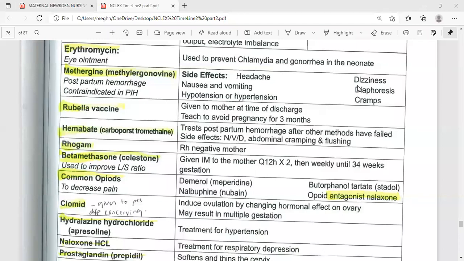If any other side effect persists or worsens, it is important to inform the healthcare provider or pharmacist, like headache, nausea, vomiting, and dizziness. If your patient has a kidney problem, liver problem, high blood pressure, heart disease, high cholesterol, or is a smoker or tobacco user, it is good not to prescribe Methergine.